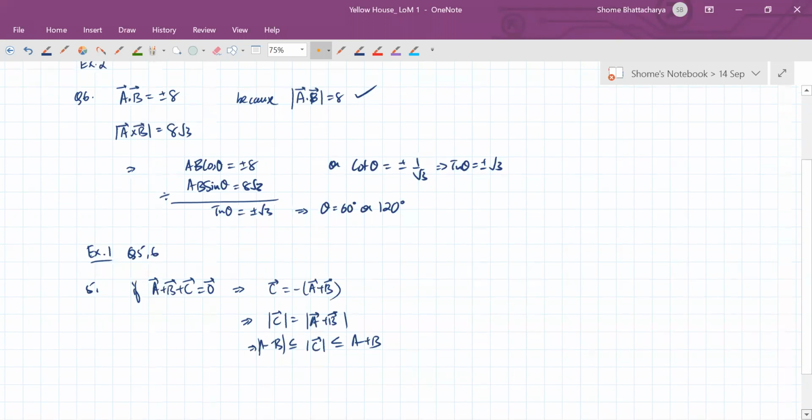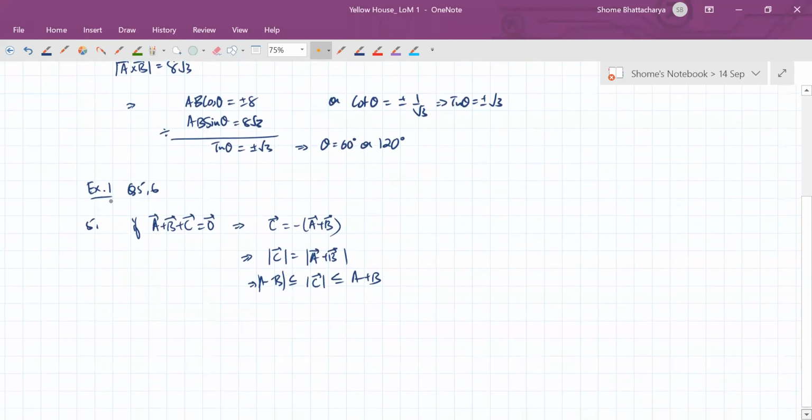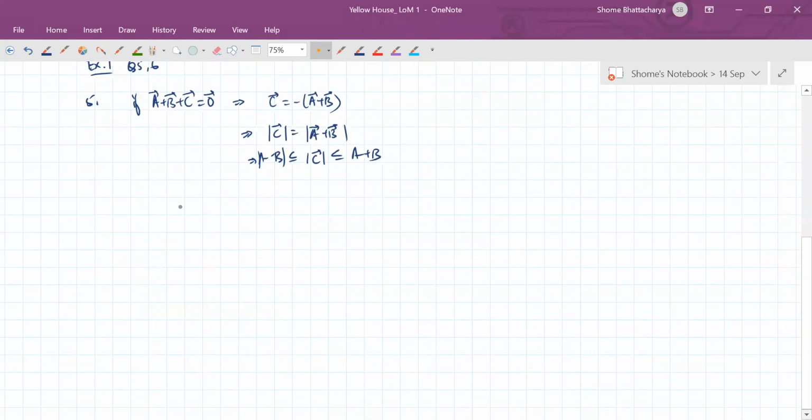Now similarly we will extend this a little bit and understand if four vectors sum to 0, then what is happening? How do we understand the condition? Okay, so you can see that d is equal to, or any one of them is the sum of the other three.